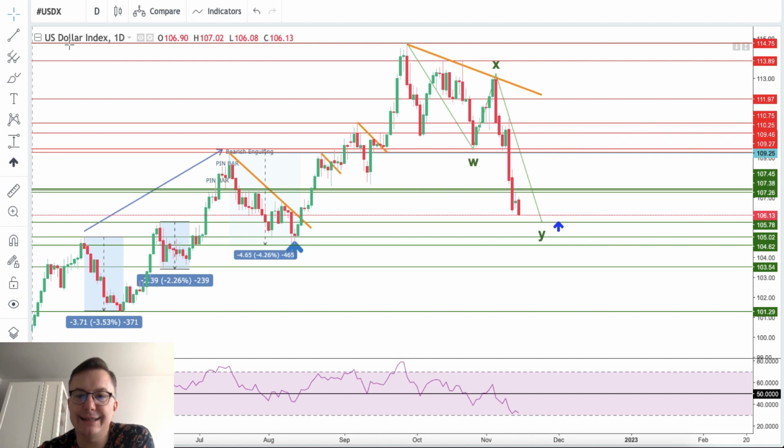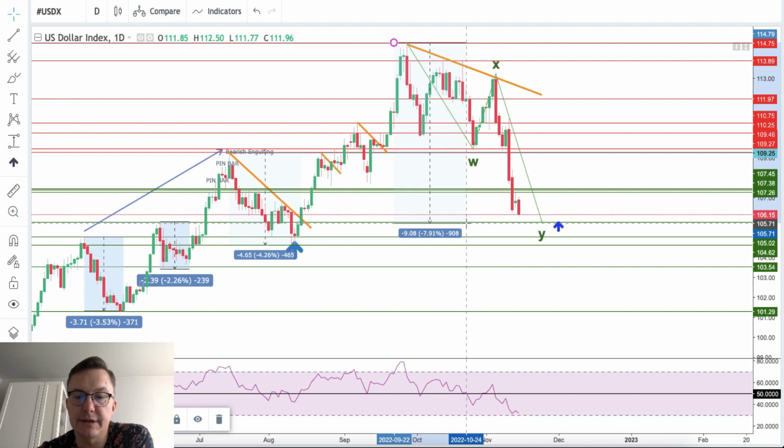The US dollar index is extending the drop again towards the target we have mentioned, 105.78, and this target is the target for the wave Y, and that means that the drop here, that correction, is basically the biggest correction in the uptrend.